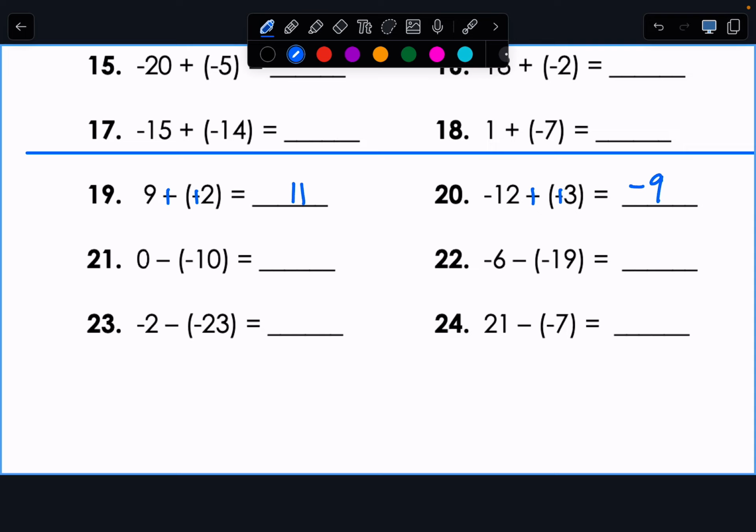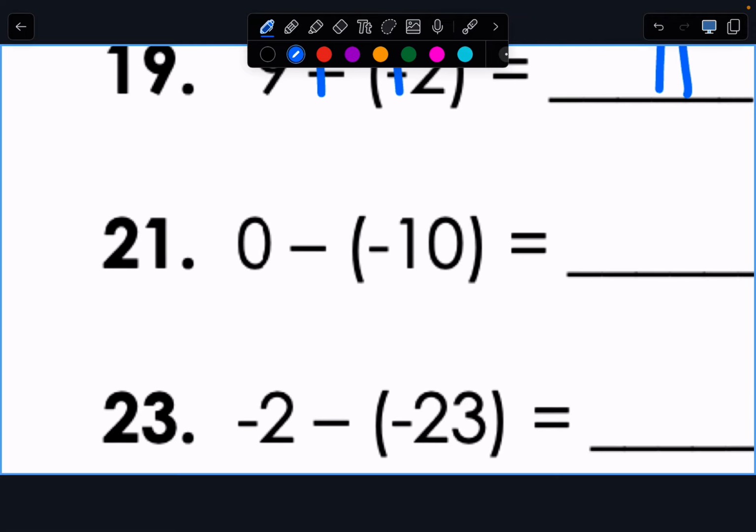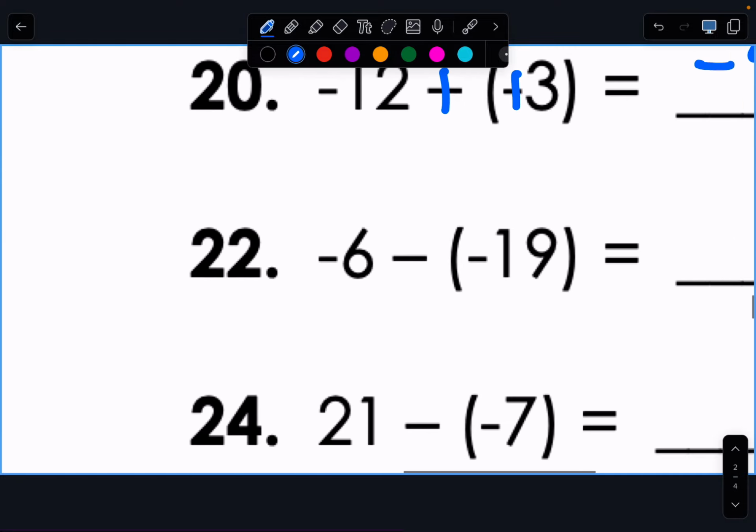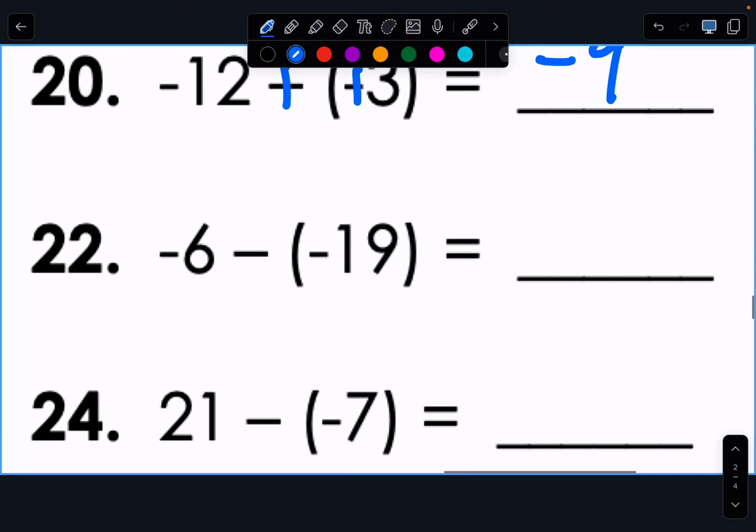All right, Shannon, when we add the opposite, what do we get for number 21? 10. If we add the opposite, we now have 0 plus positive 10. Okay. Claire, what about 22? You got 13? Okay. If we add the opposite, we have 6 plus positive 19, which, yes, is a positive 13.